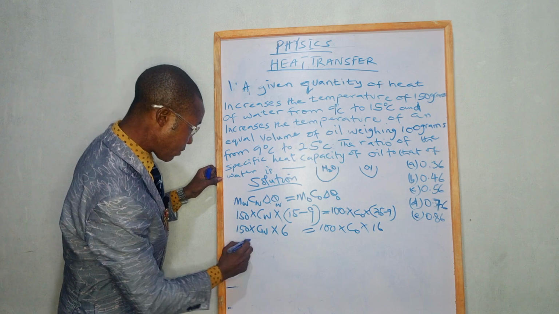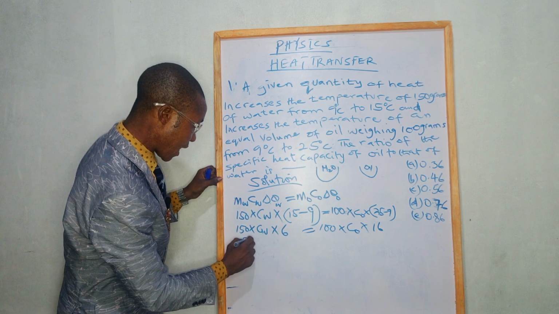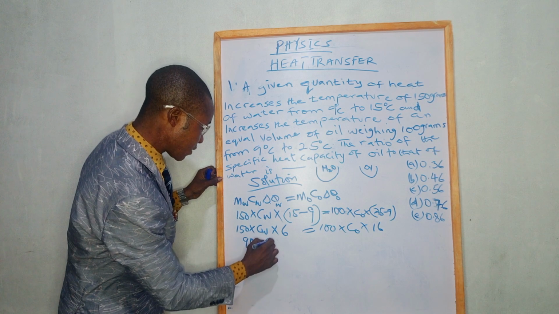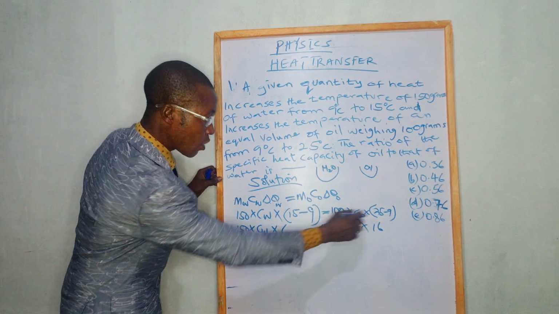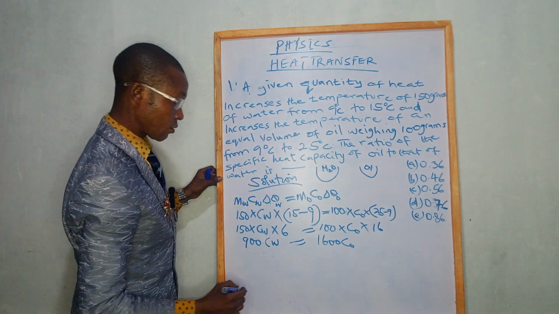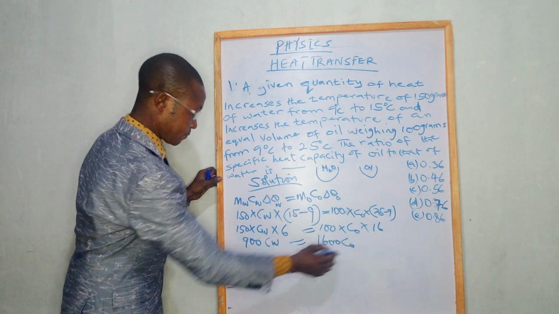Now 150 multiplied by 6 gives you 900. So 900 Cw is equal to 100 times 16, which is 1600, times Co, the capacity of oil.